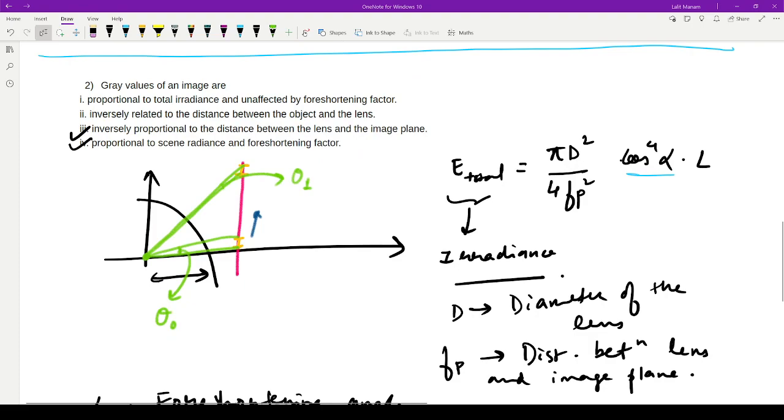So this is valid in what case? How was this formula derived? What are the assumptions? This is valid only for a thin lens, right?